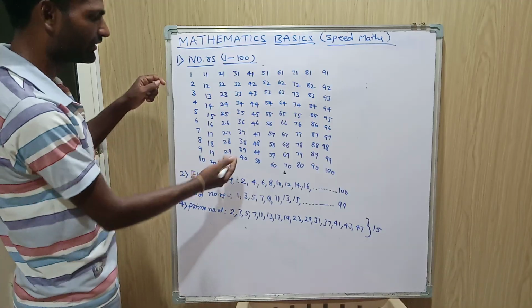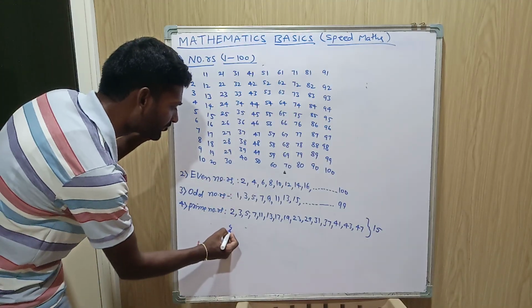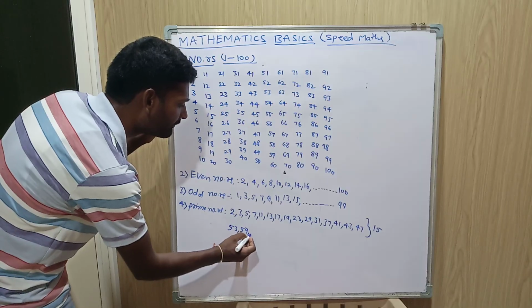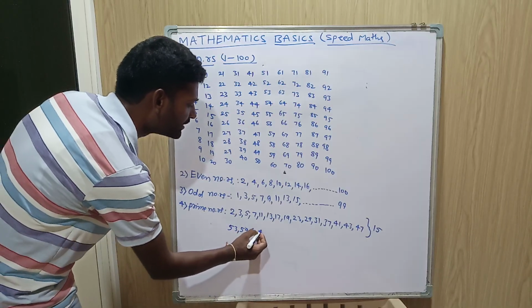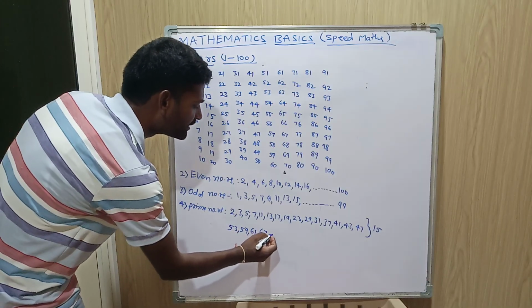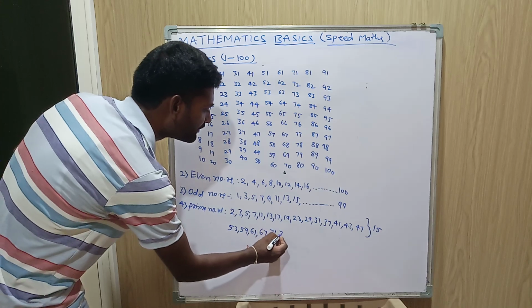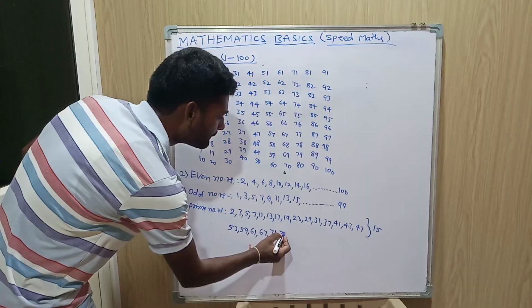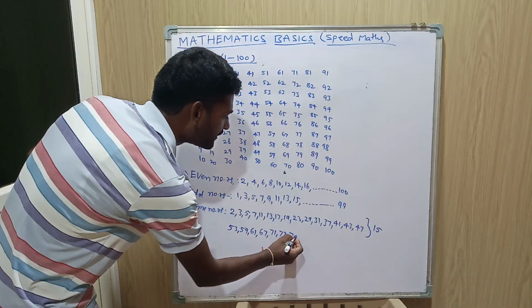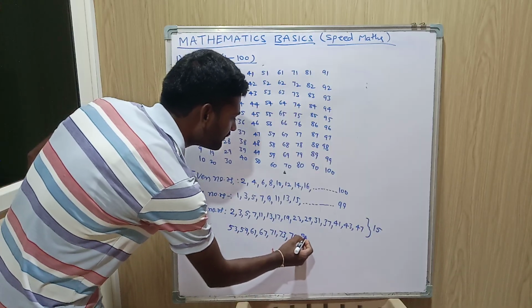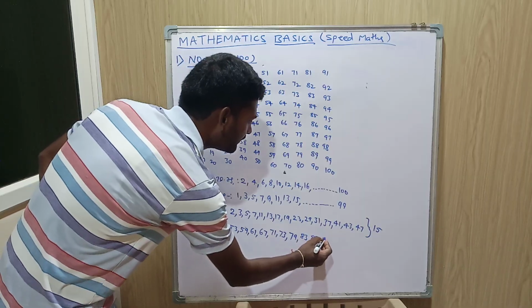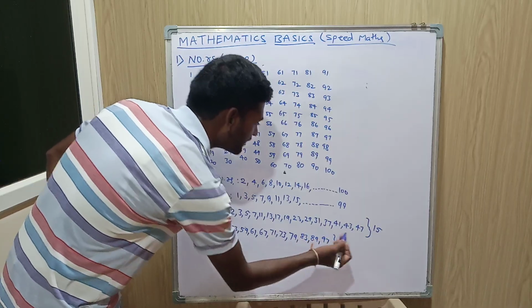Next, after 50, you see 53, 59, 61, 67, 71, 73, 79, 83, 89, 97.